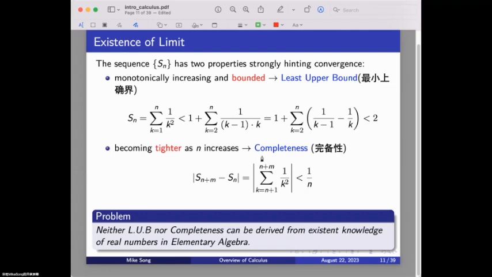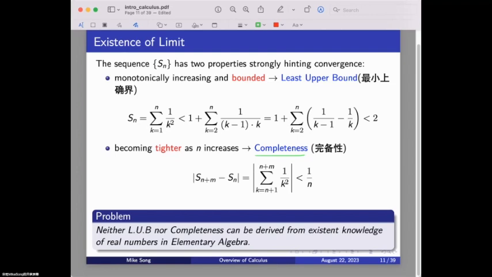And there is a special word for the existence of a concentration point for Cauchy sequences, called completeness, 完备性. Although intuitive sounding, neither least upper bound nor completeness can be proved using elementary algebra.